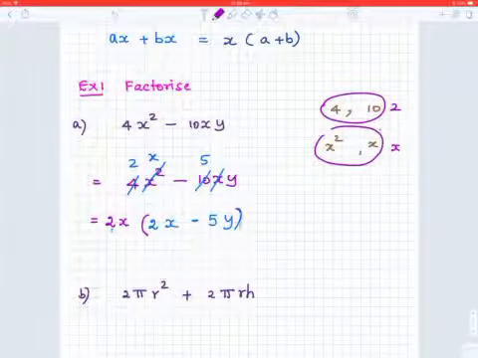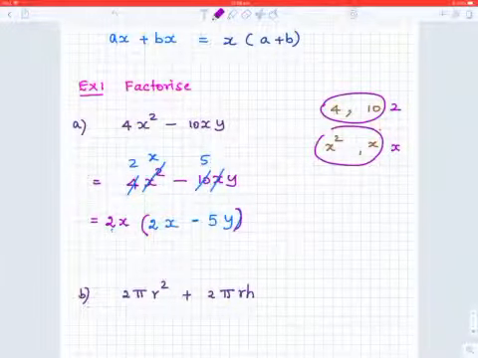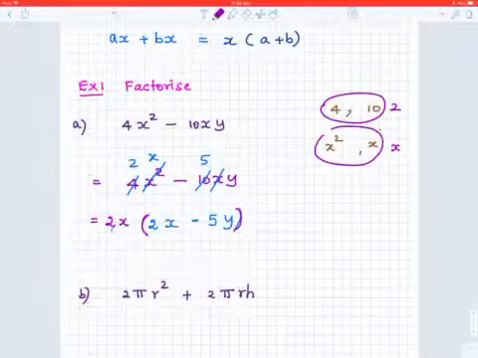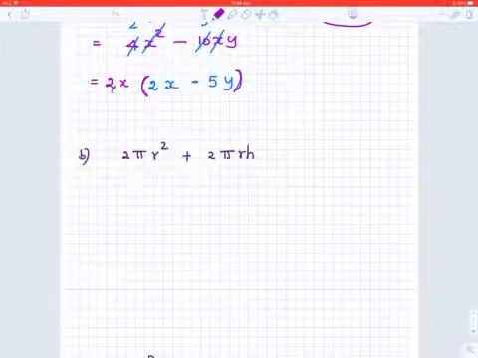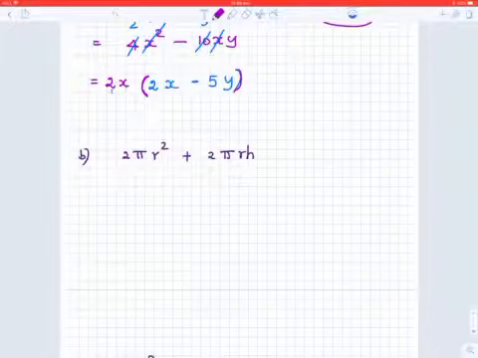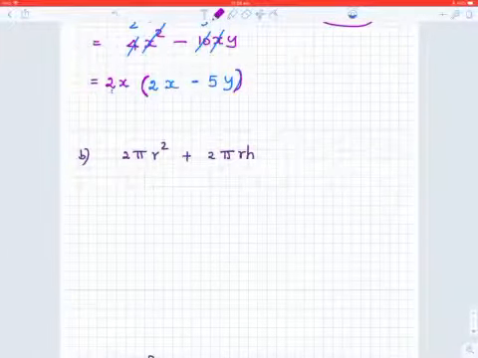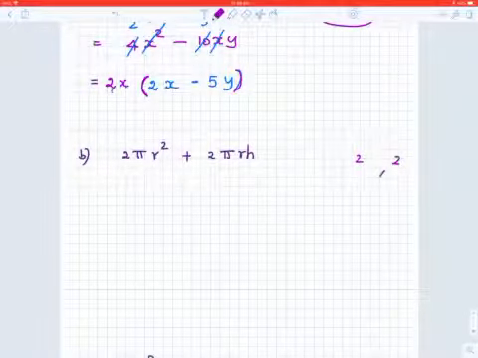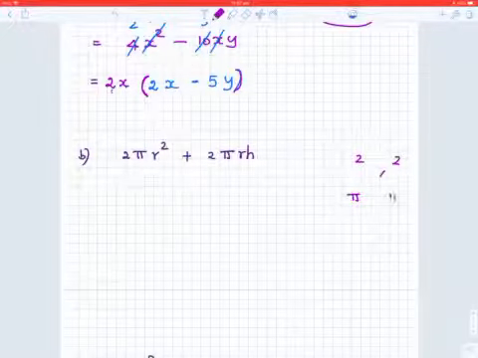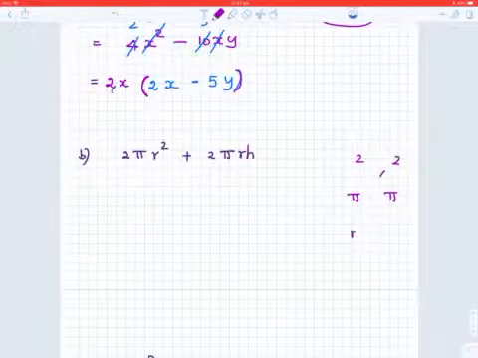Now, when you look at this question, we have to see so many things. First part, I have 2 and 2. Then I have pi and pi.